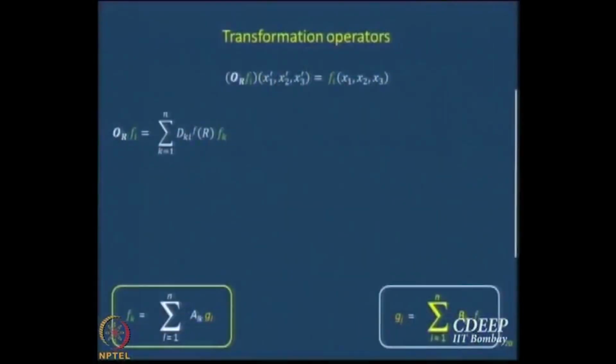Okay. Now, similarly, I can write the expression for the transformation matrix that works on the g functions. That will be OR Gj equal to sum over L equal to 1 to n dLj, then superscript g of R gl. Make sense?